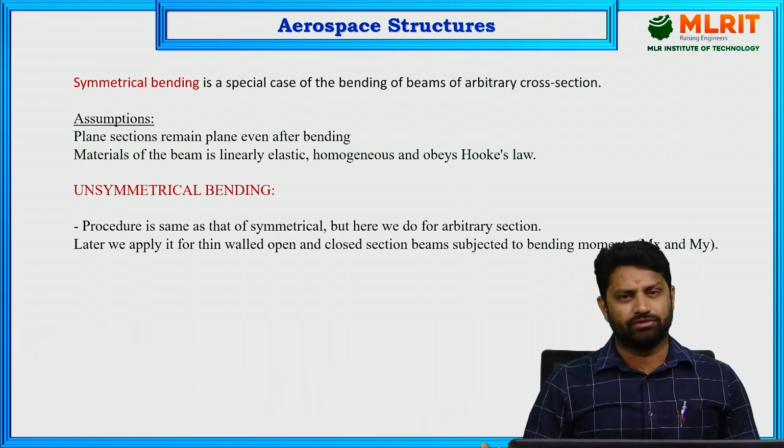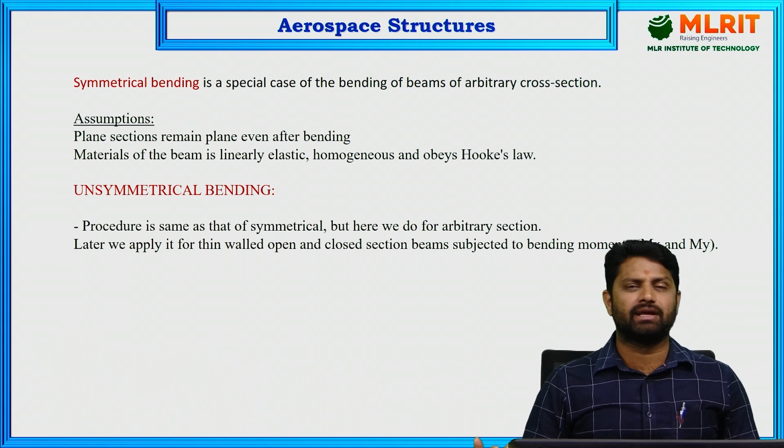In fact, first we have the unsymmetrical bending of beams only, and from the unsymmetrical bending of the beam, the symmetrical bending, which is a special case, is drawn by substituting mx equals my equals m. And the assumptions are similar: plane sections remain plane even after bending. The material of the beam is linearly elastic, homogeneous, and obeys Hooke's law.